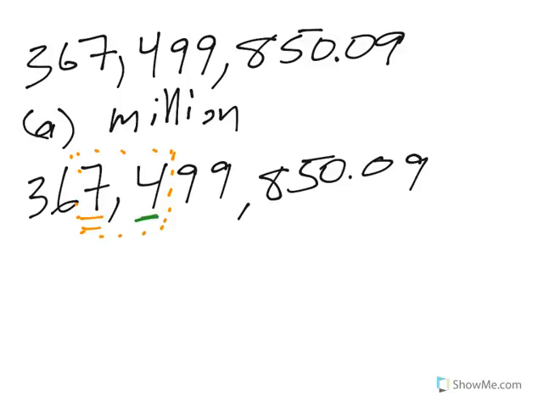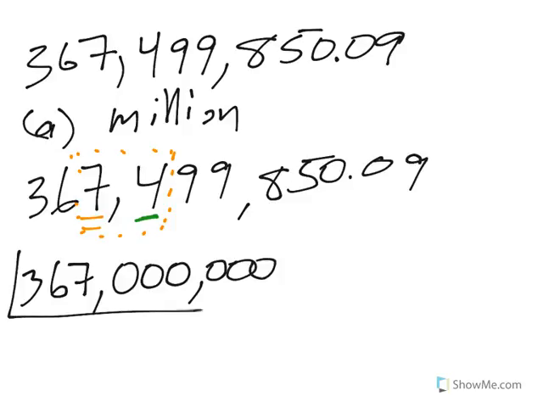And since the 4 is less than 5, this number is closer to 367 million than it is to the next amount of millions, 368 million. So that 4 lets us round down to 367 million.